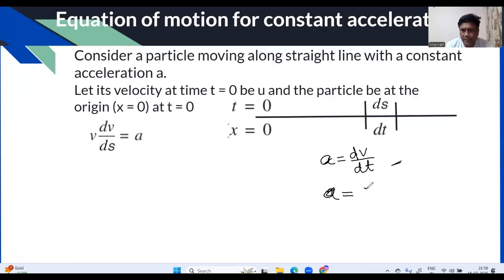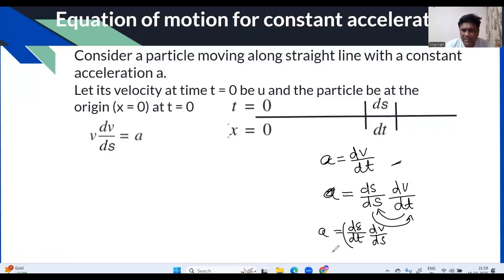You are multiplying by ds and dividing also by ds. So dv by dt, now you just interchange this position, so it will be ds by dt and dv by ds.